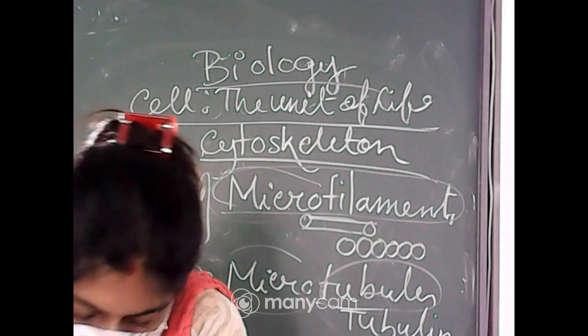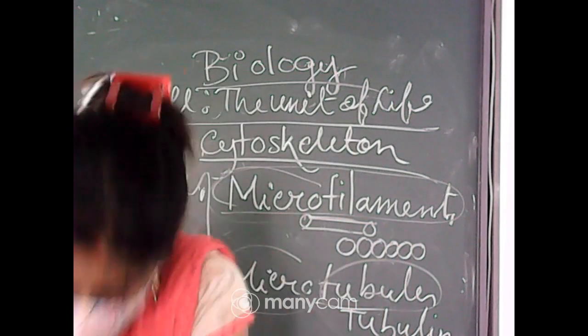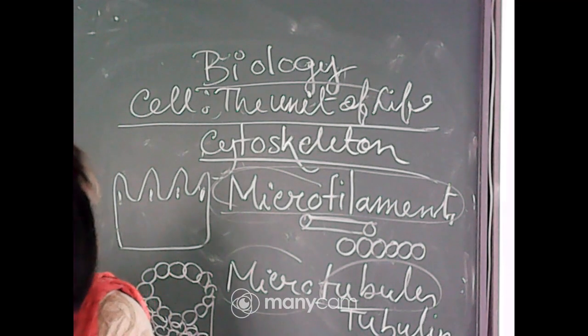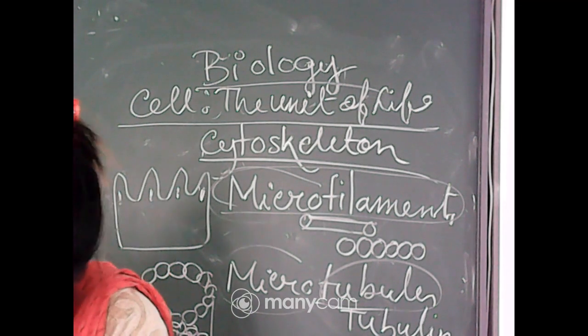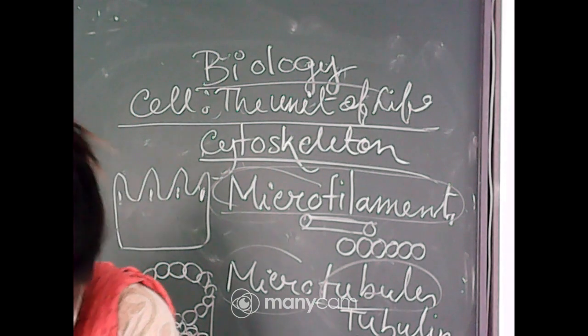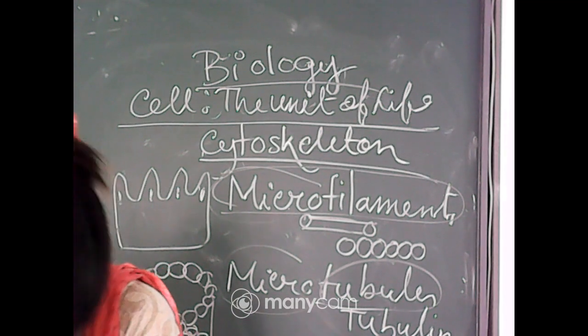You can see I have drawn the 13 parallel longitudinal protofilaments, so the wall of the microtubule consists of 13 parallel longitudinal protofilaments.